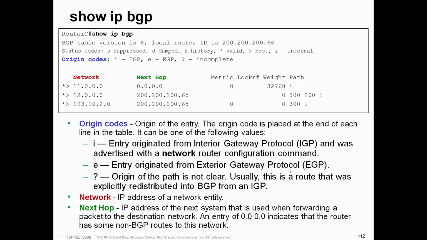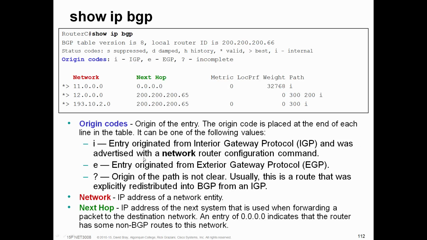Then at the very end of the AS path, we have origin codes. These origin codes, not to be mixed up with the status codes we saw earlier, tell us where this path was derived from originally. So an I at the very end, as I already mentioned, shows that this path originated from an IGP.